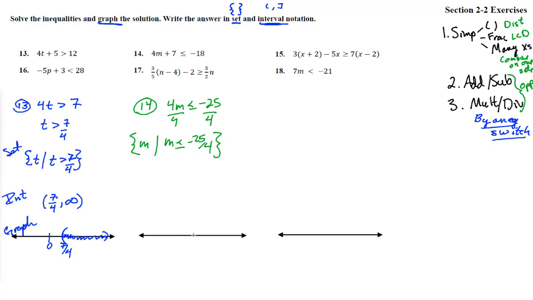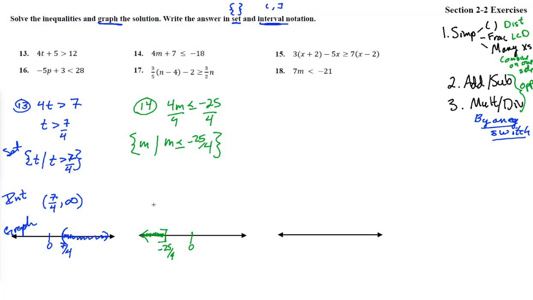All right, there's 0, and negative 25/4 is way down there. And it says we are smaller than or equal to, so we are on this side right here, going on forever, and equal to it. There we go. Good. So this would be like a solid dot.